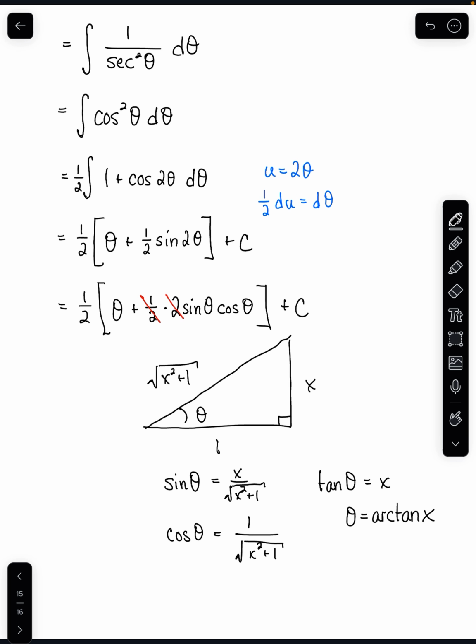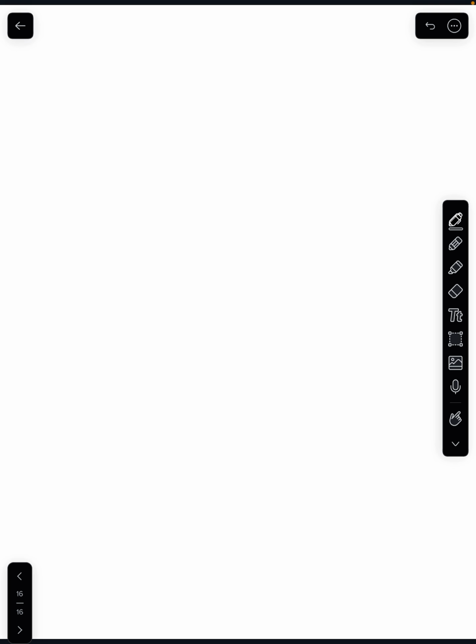So, given these three equivalencies now, we have 1/2 times theta, which we now know to be the arctangent of x, plus the sine of theta, x over the square root of x squared plus 1, times cosine of theta, 1 over the square root of x squared plus 1, plus c.